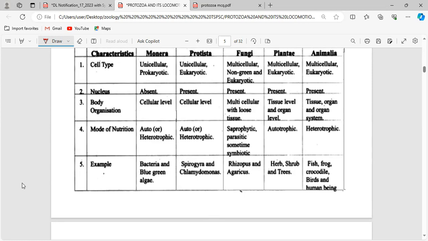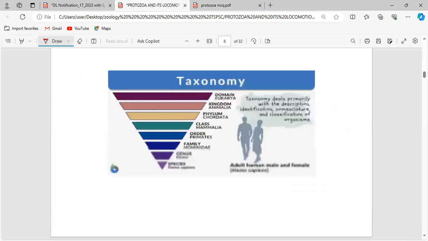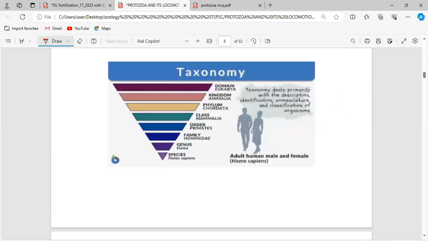Fast, fast. Nobody knows. See, the basic unit is the species. Domain is a broader area, Eukarya.